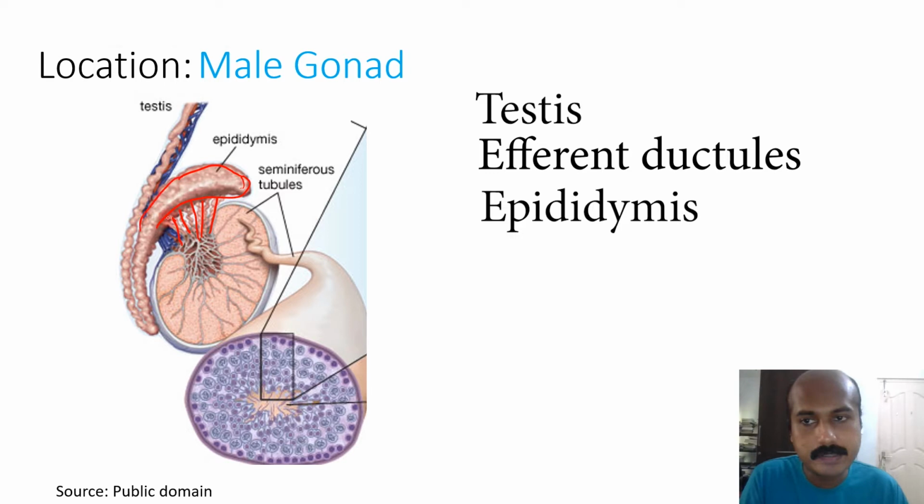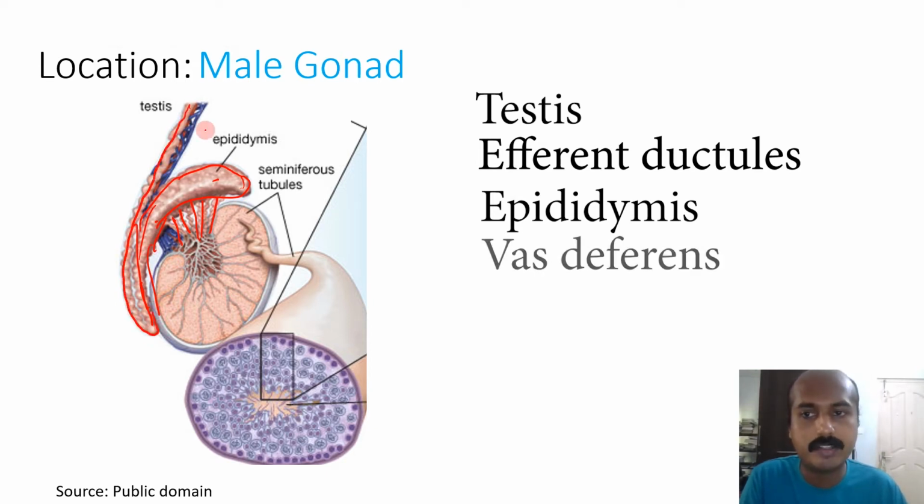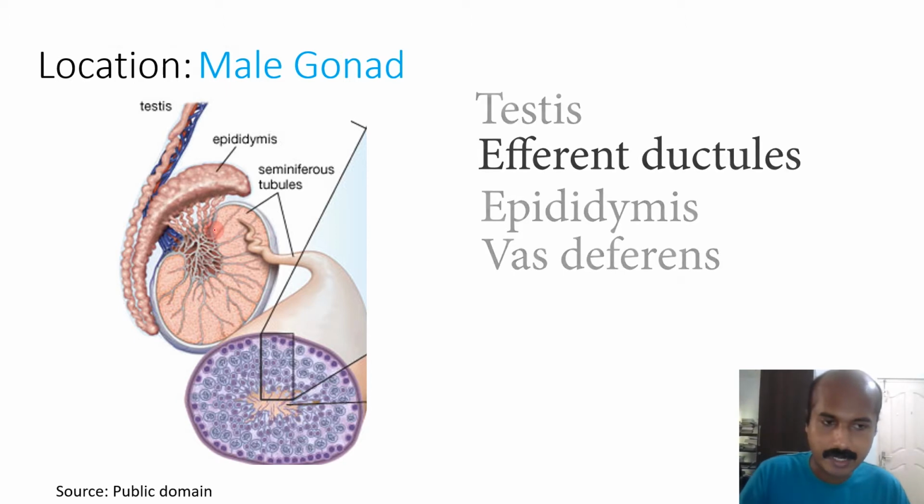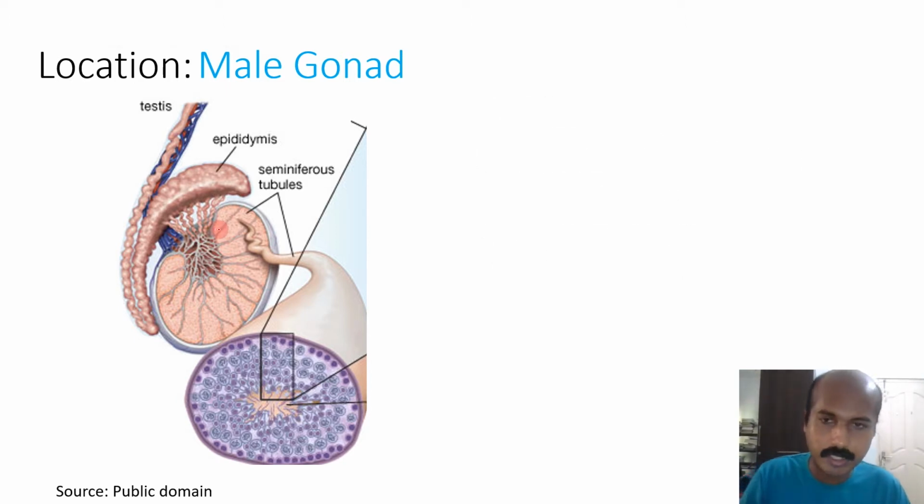And the epididymis has a head, a body, and a tail. This is the site where the spermatozoon will mature, and that will be transported through this duct, which is called the vas deferens. So this is the basic idea about the male gonad and the duct system. This is not at all a detailed description, but the site of spermatogenesis is within the testis.